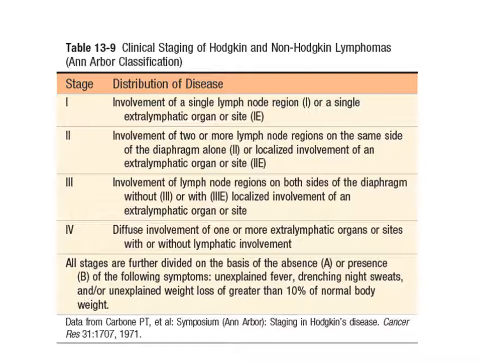All these 4 stages are further divided on the basis of the absence or presence of some symptoms. If these symptoms are absent, this is A: 1A, 2A, 3A, like this. If these symptoms are present, then we stage them as 1B, 2B, 3B, 4B. What are these symptoms?